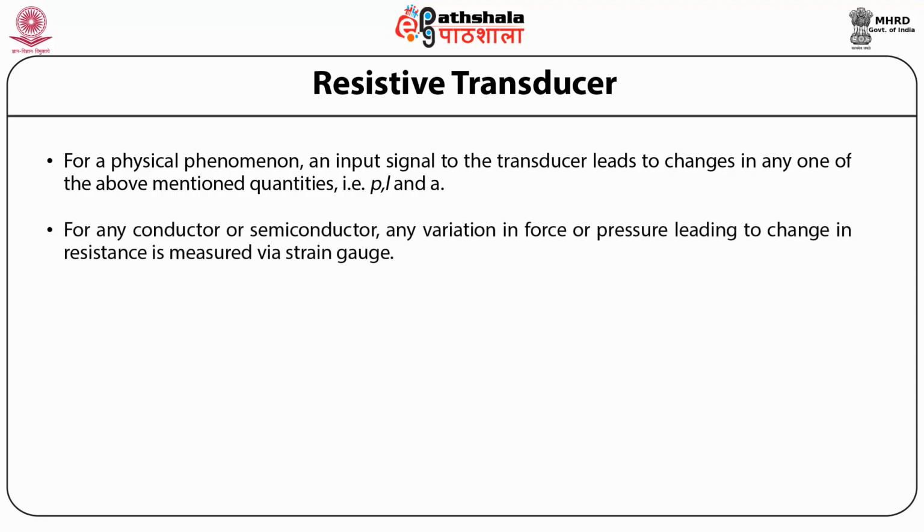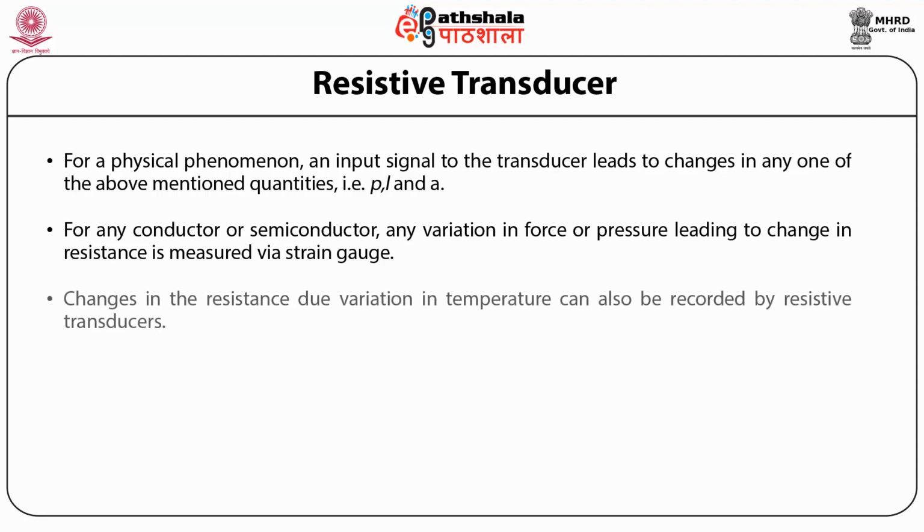For any conductor or semiconductor, any variation in force or pressure leading to a change in resistance is measured via a strain gauge. Changes in resistance due to variation in temperature can also be recorded by a resistive transducer.